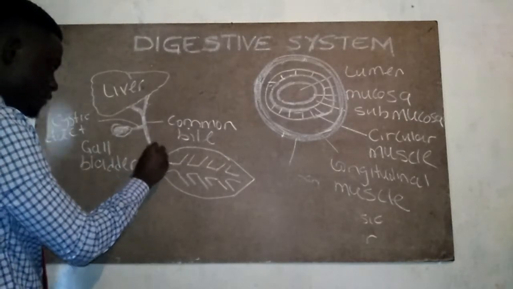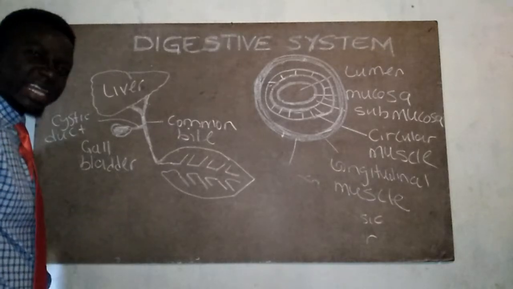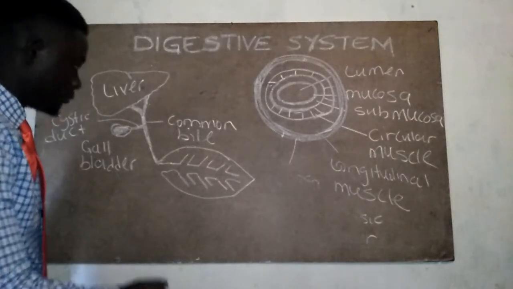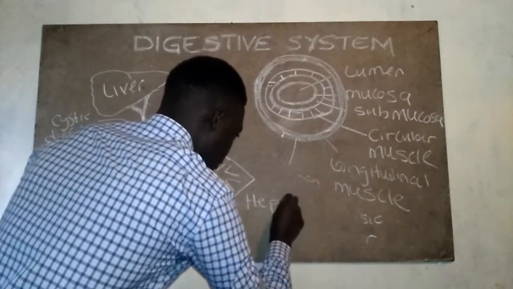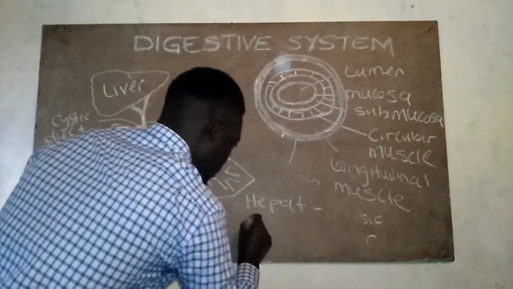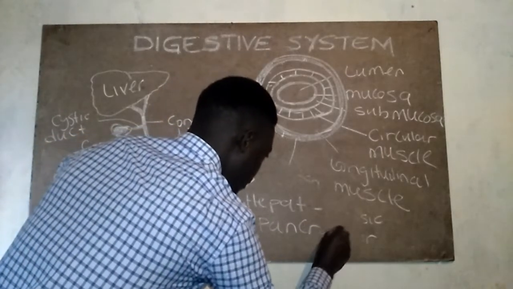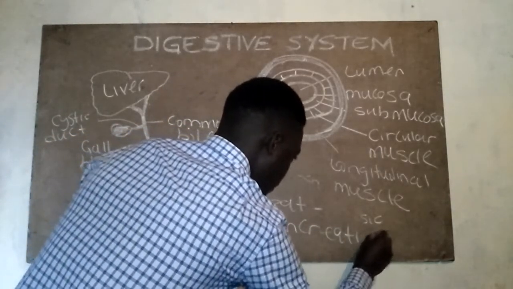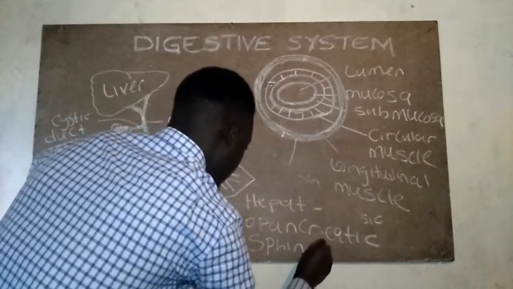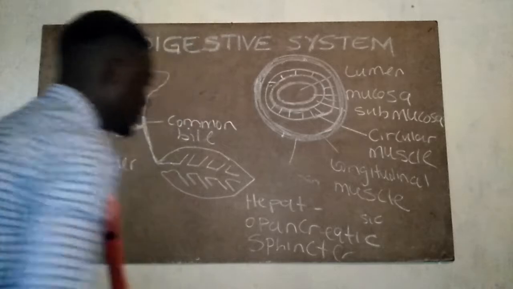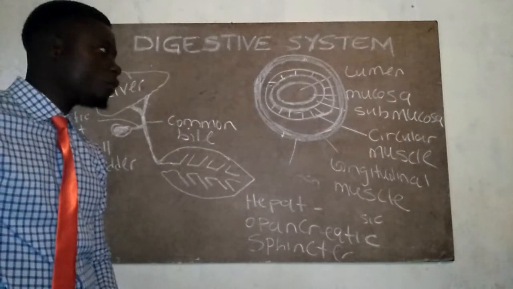And coming here, we have the hepatopancreatic sphincter. And the hepatopancreatic sphincter is sometimes called the sphincter of Oddi.